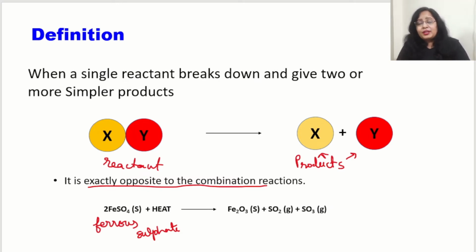After a few seconds, as we keep on heating, the whole green color will turn to reddish brown color, and then we can say the ferrous sulfate breaks down into ferric oxide, sulfur dioxide and sulfur trioxide. That brown color substance is ferric oxide.